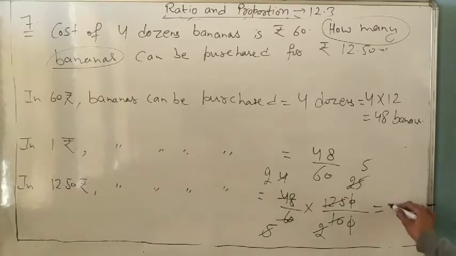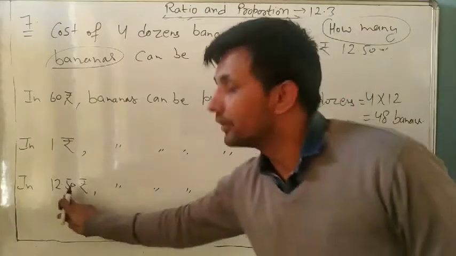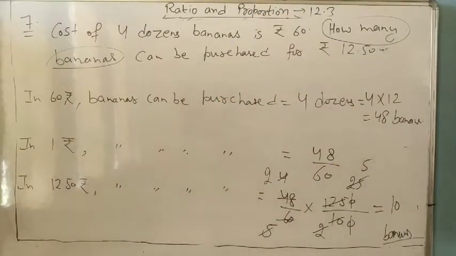So how many bananas can you buy? 10 bananas can be bought in 12.50 rupees. Understand? It is your answer.